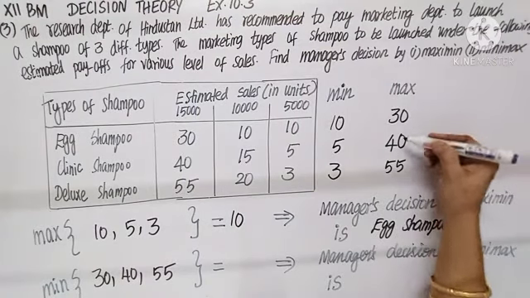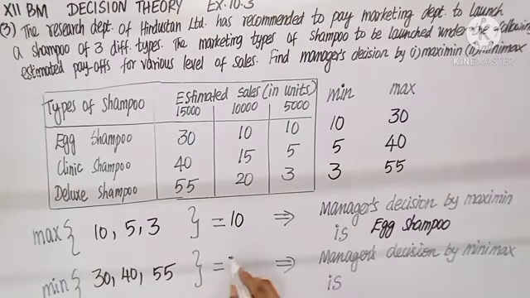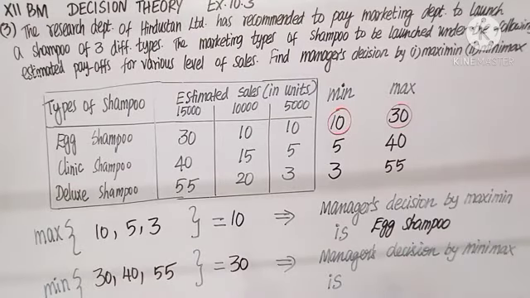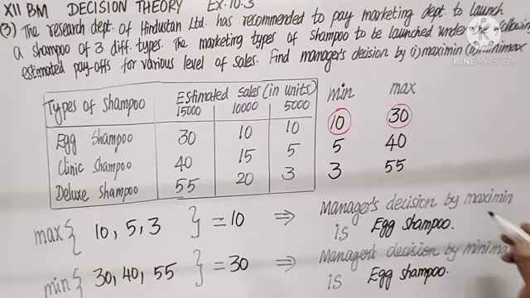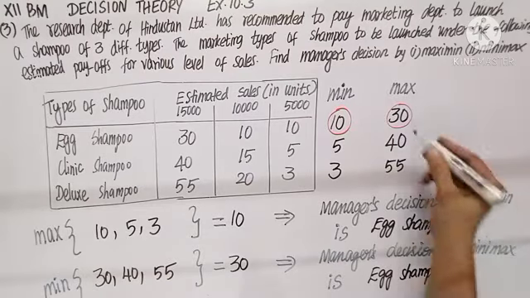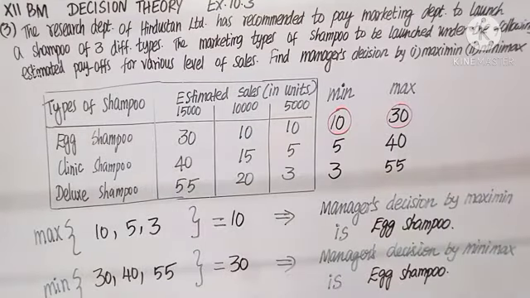So minimum of all this is 30. If so, the manager will decide X shampoo by minimax principle also. In both the principles, we are going to choose only X shampoo.